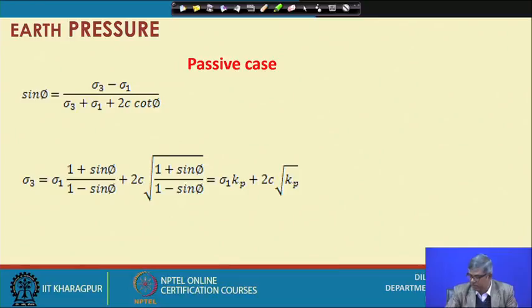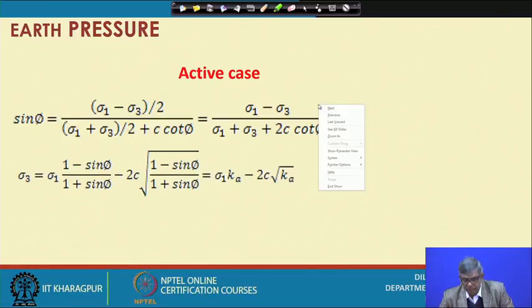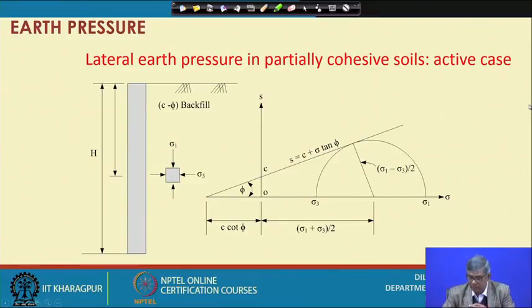Let me go back once again. So, this becomes sigma when it is a passive case. This is the original, and then it is final. So, this becomes sigma 3, this becomes sigma 1. That is the only change.